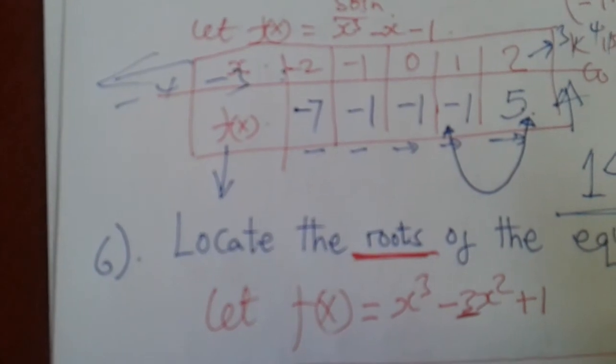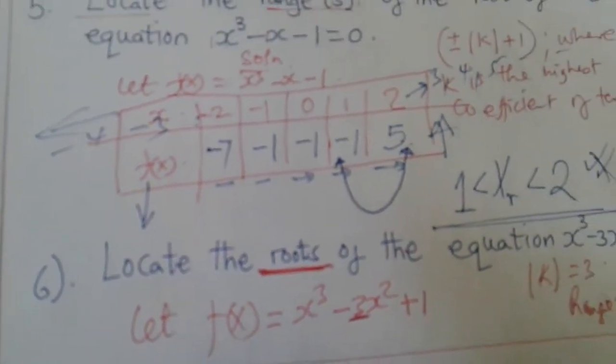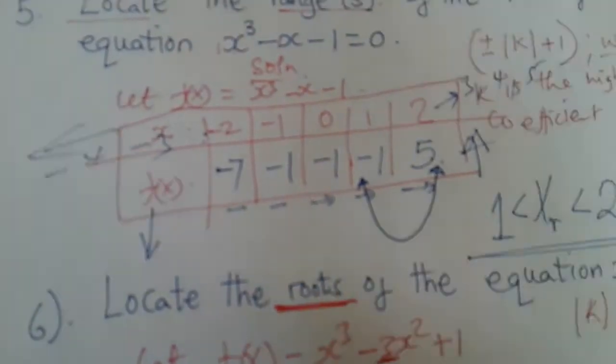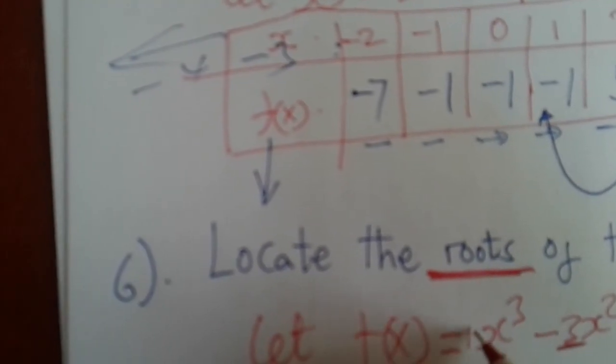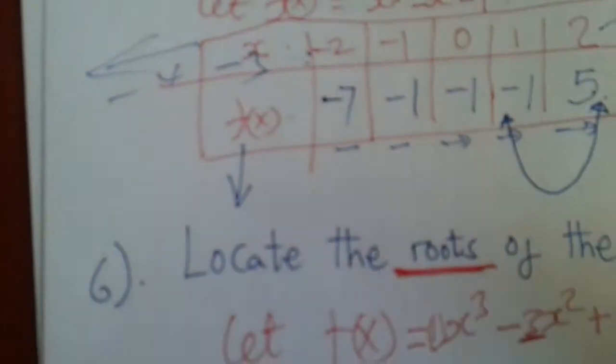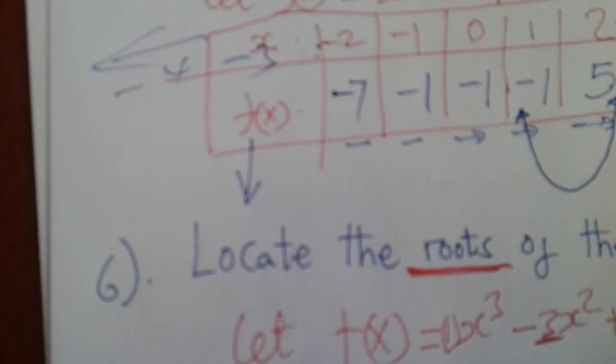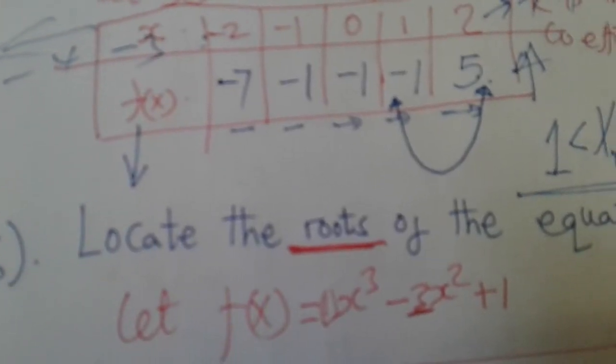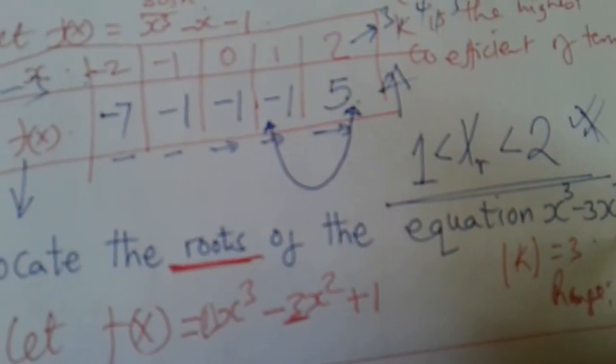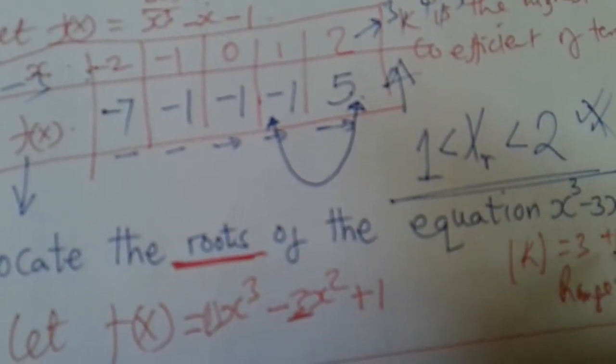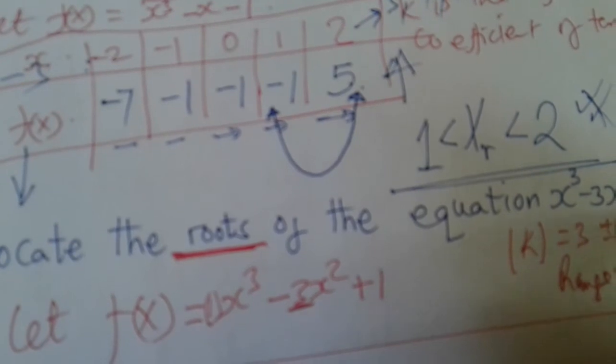So we shall use our range of values from, because the coefficient of the highest power is 1, we shall add 3 or subtract 3 to get 4. So it will be k plus or minus k, then plus 1.